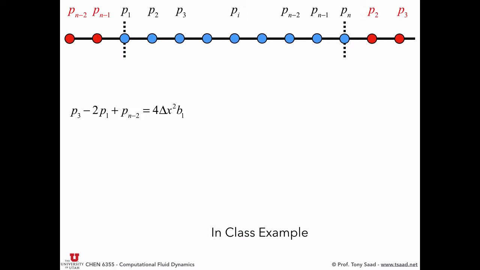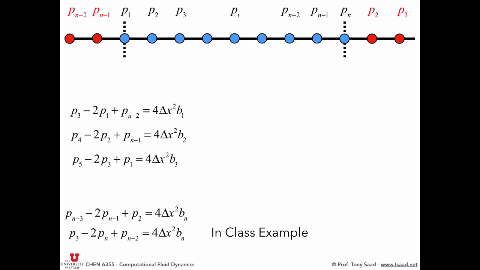Then for P2, P3, all the way to Pn minus 1, which is going to include P2 and Pn minus 3. And for Pn, we're going to include P3 and Pn minus 2.